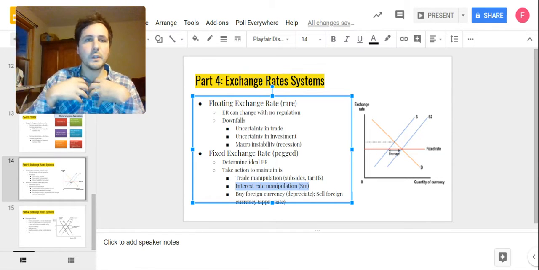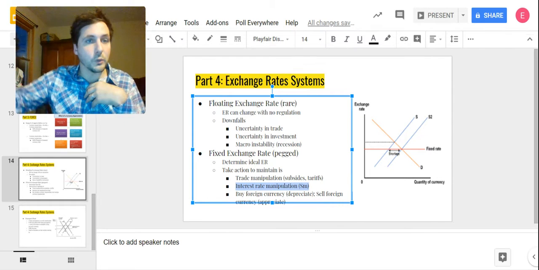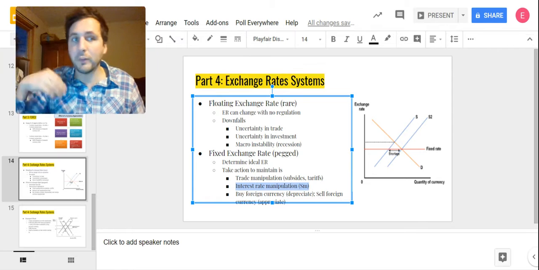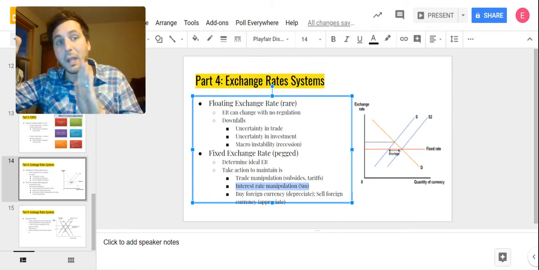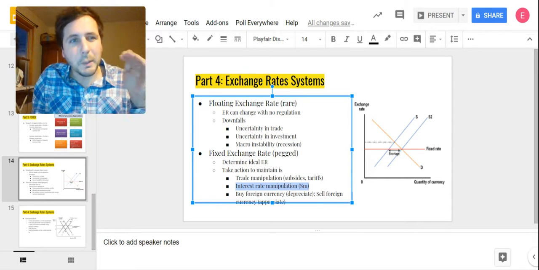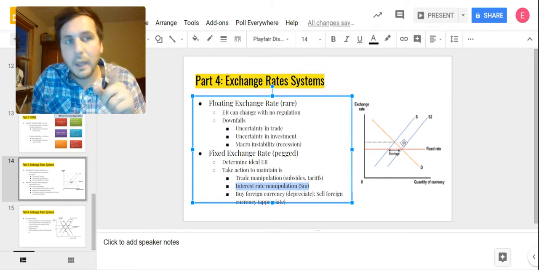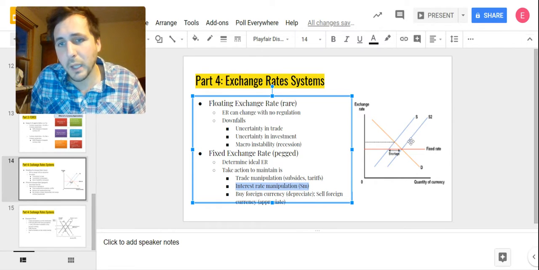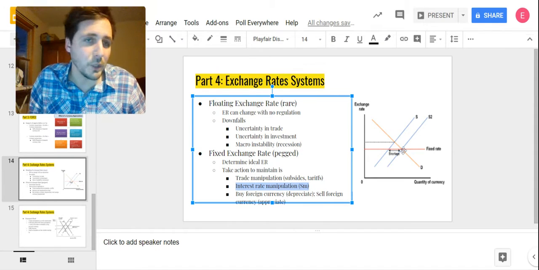And so investors, instead of buying American bonds, will buy those foreign bonds. And so they'll demand more of that foreign currency. Remember, if I demand more of a foreign currency, I have to supply more of my currency. So by pushing interest rates low, I demand more of their currency, which means I supply more of mine, shifting supply to the right, pushing my exchange rate back down to my fixed rate.